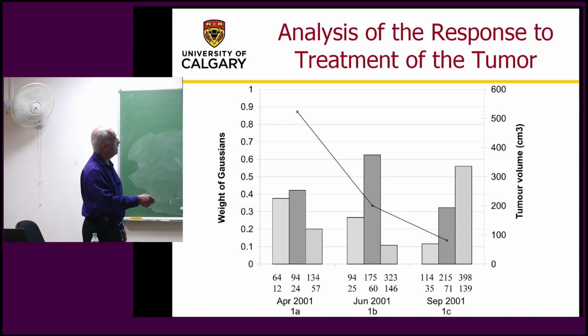The volume of the tumor, it was 500 cubic centimeters there, or more than that, almost 800 and something. No, sorry, that is 500, about 550. The volume is on this side, and it has shrunk quite a bit.